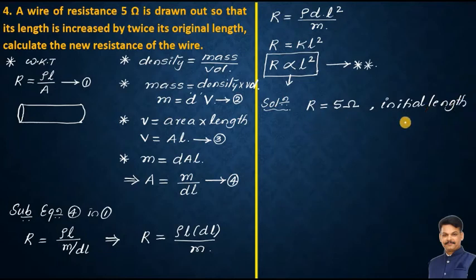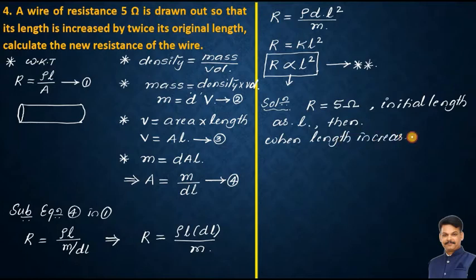So if I take the initial length as L, then when it is stretched, when length increases, the new length L dash will be equal to 2 times L. Okay, then when the length increases, what will be the resistance of the wire? That is our question. So I call it R dash. R dash is the new resistance of the wire.